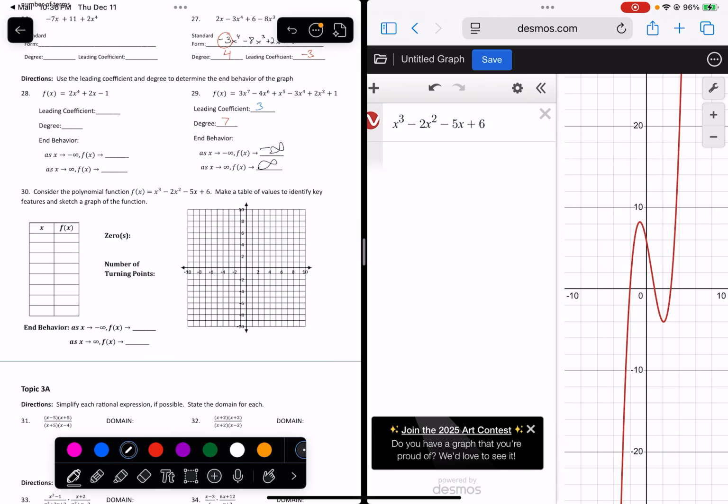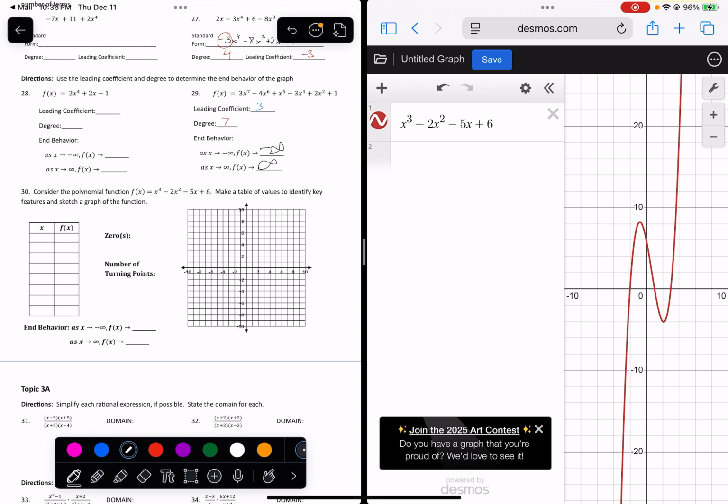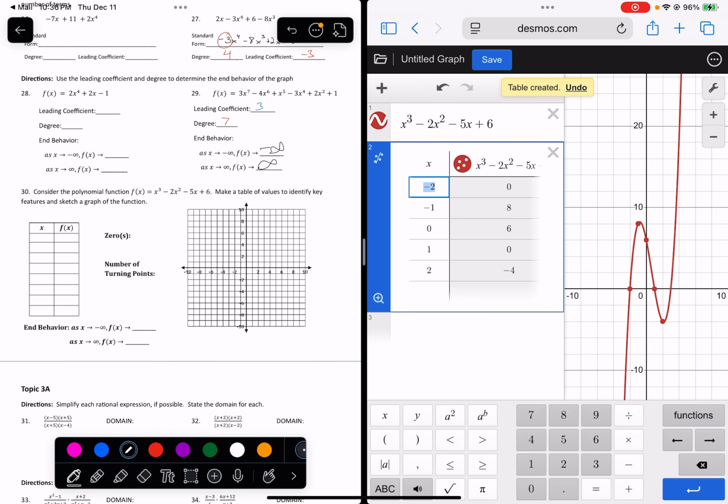And actually, if you need to make a table, if you click this little gear symbol up top here, and then the table, it'll make a cute little table for you there. Let's see. I do like the ones that we could probably put in some more points. 3, 4. Okay, great.